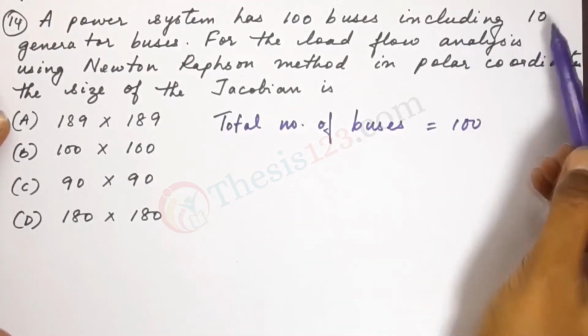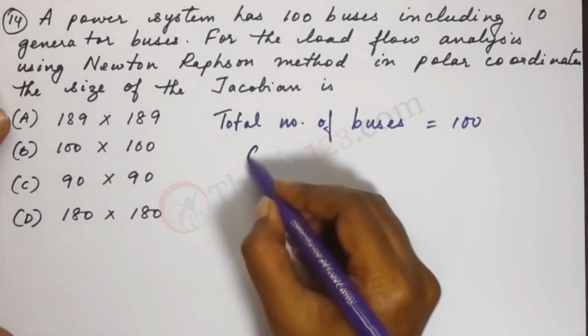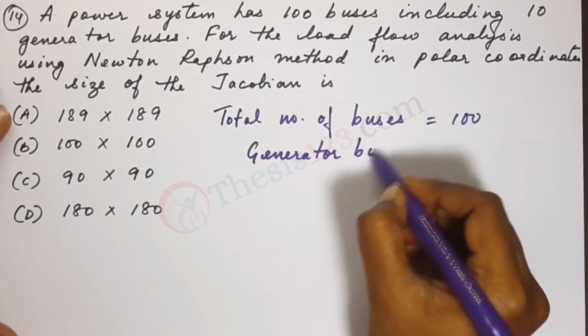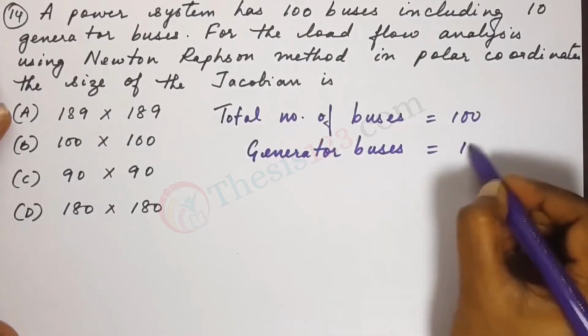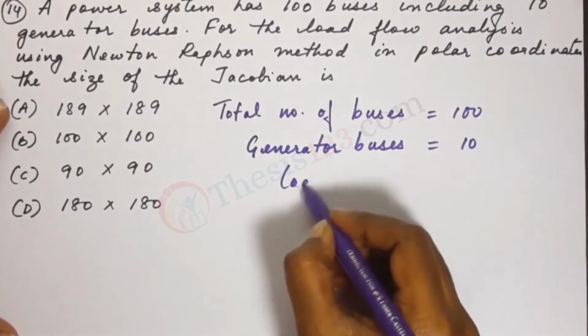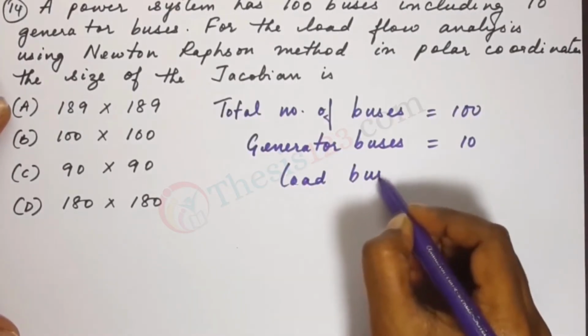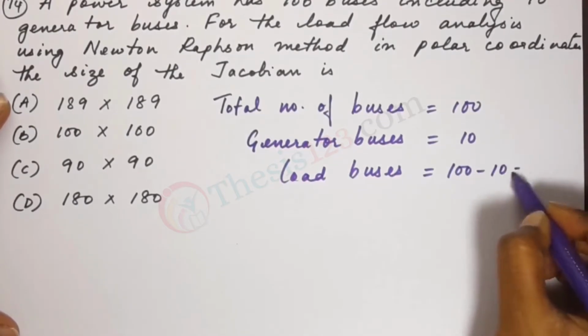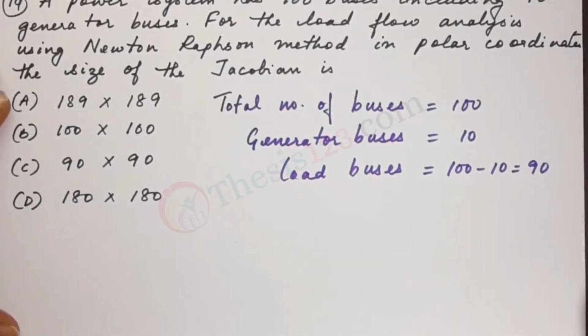The question says that 10 generator buses are included. So generator buses are 10, which means that the remaining buses are load buses. Load buses would be 100 minus 10, which is 90.